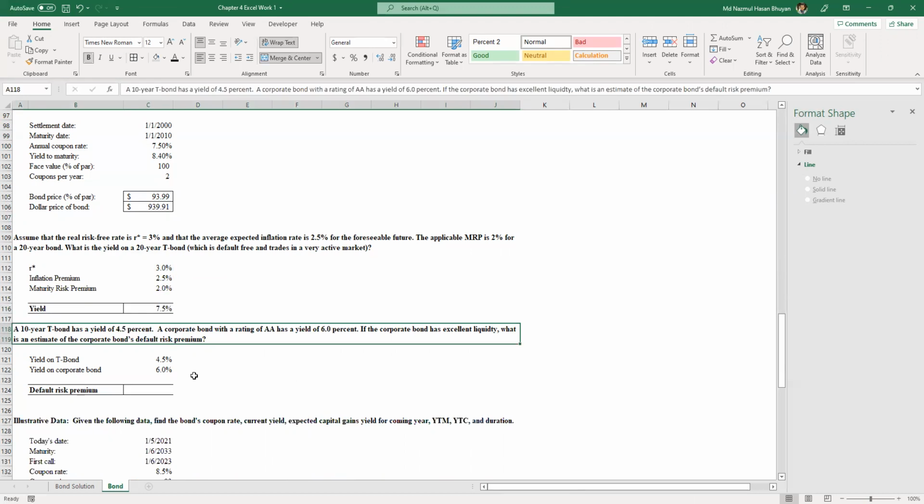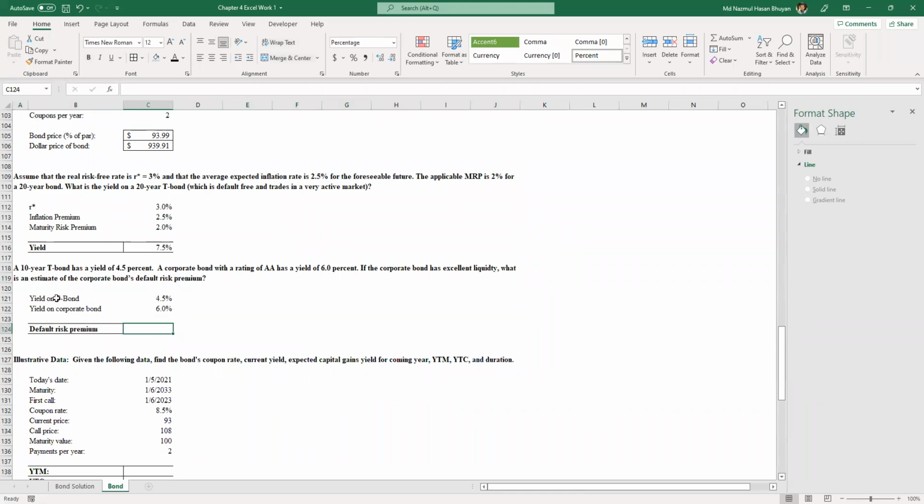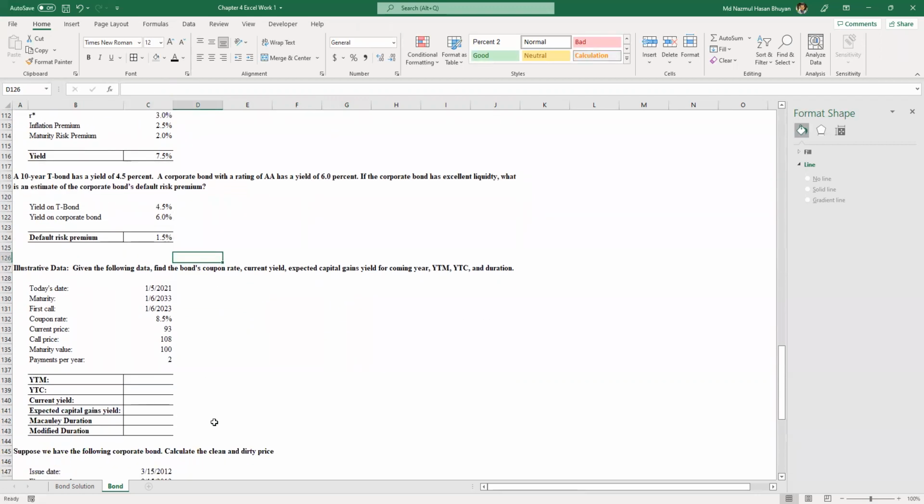And then the yield should be equal to 7.5%. Default risk premium. So government bond is default free, whereas corporate bond has some default risk. So the gap between corporate bond and treasury bond of the same maturity should give you the default risk premium. So let us take the difference between the yield on corporate bond and the yield on treasury bond. Then we're gonna get the default risk premium.